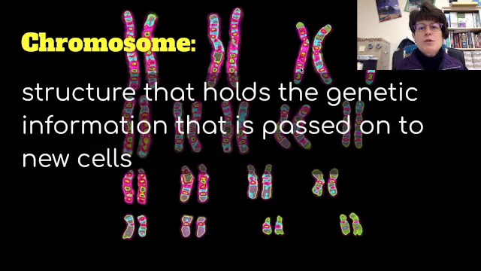A chromosome is like a book, and it contains all of those genes, and different genes are found on different chromosomes. We'll talk about the implications of that later with the X and Y chromosomes. There are sex linked traits because of that. And so that's where your characteristics come from, these genes on the chromosomes.